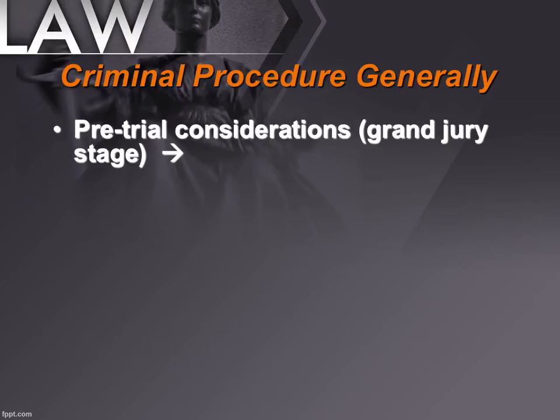First of all, in pretrial considerations, you have the addition of the grand jury. Grand juries are typically found anywhere east of the Mississippi. It's kind of strange how in criminal procedure it's broken down by east versus west of the Mississippi. Obviously, it's a jurisdictional issue. It has nothing to do with mere direction. It has to do with how the state jurisdictions were set up.